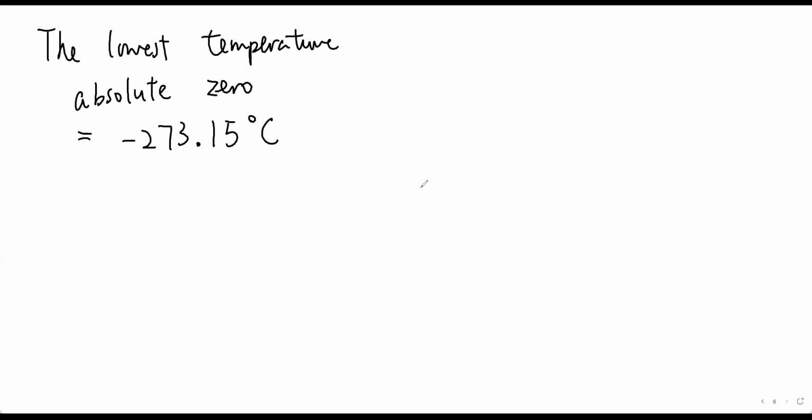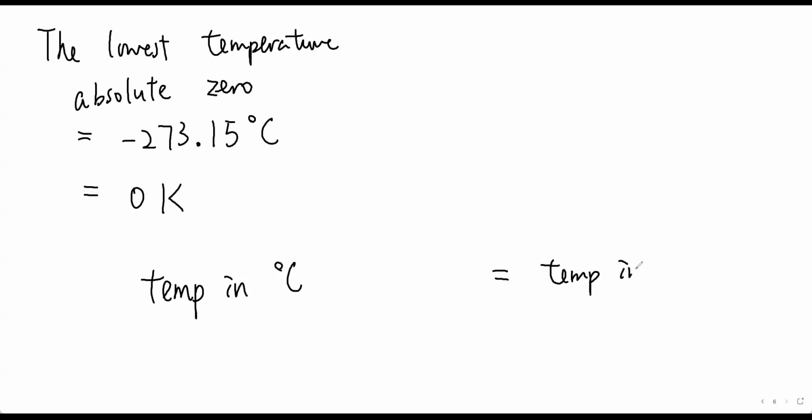And do you still remember how to convert degrees Celsius to Kelvin? So for a temperature in degrees Celsius, if you want to change it to Kelvin, you add 273.15.